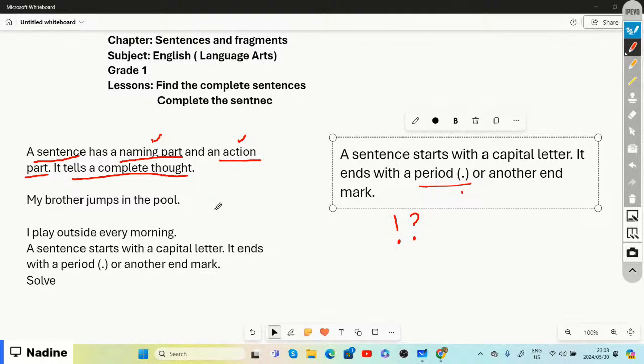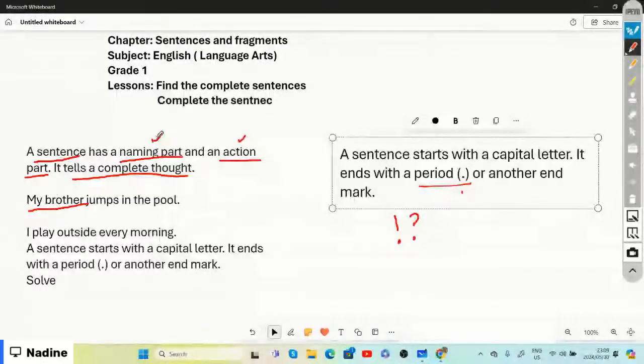If we try to underline, remember we said a sentence needs to have a naming part and an action part. So the naming part within the sentence would be my brother. This is the person or thing that does the action.